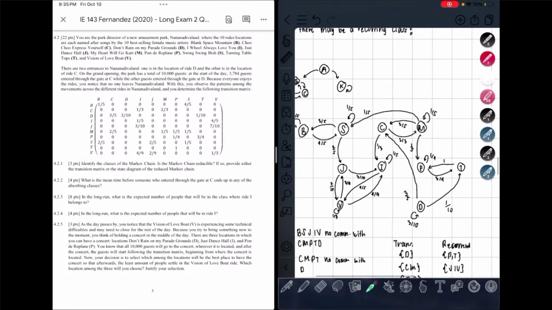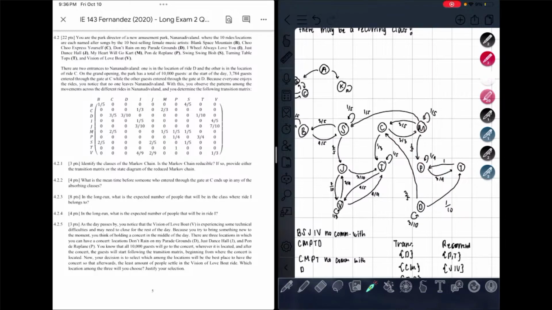And then you also observe that P and T are actually recurrent because, for example, if you go from D to T, you just loop. Same thing with M. From M, you go to P, no way to go back to M. So you just loop. So that's recurrent too.